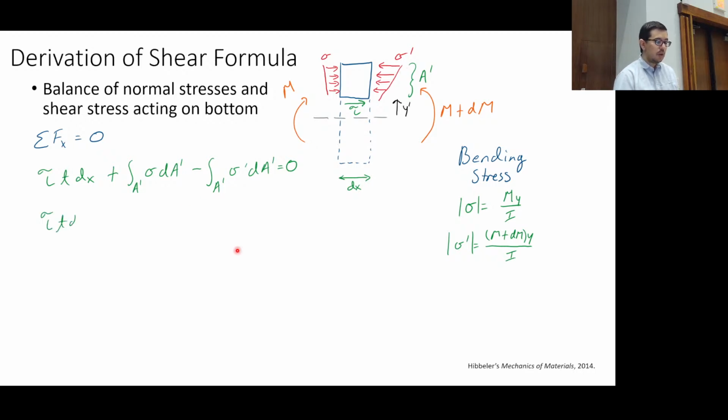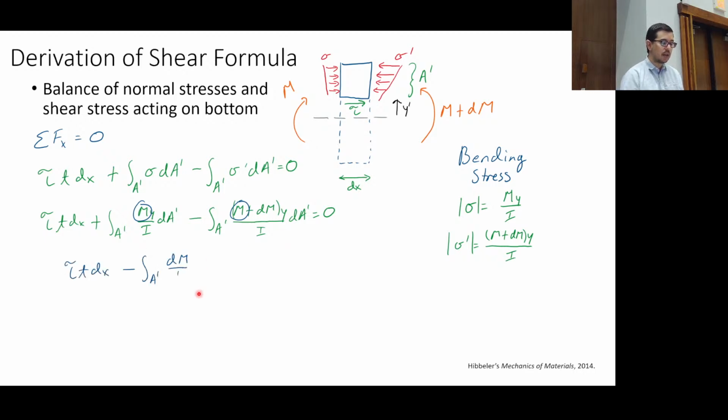We have our equations for the bending stresses. We have My over I here, and M plus dM here. Those we can subtract from each other, and we get just that dM is what dominates.